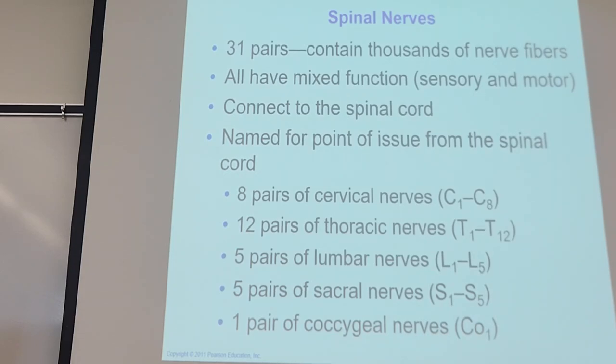And spinal nerves connect to the spinal cord via what structures? Dorsal and ventral what? Roots.